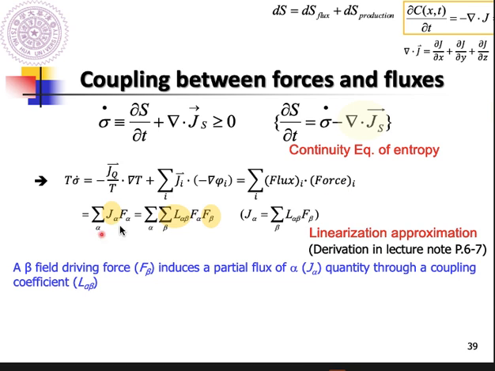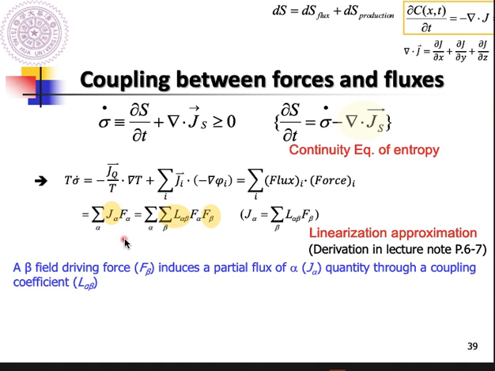We can also use alpha to substitute i, so it will be J alpha, F alpha, with a summation. If you have one driving force, it is just J1, F1. If you have two driving forces, it is J1 F1 plus J2 F2. If you have three, it is J1 F1 plus J2 F2 plus J3 F3.